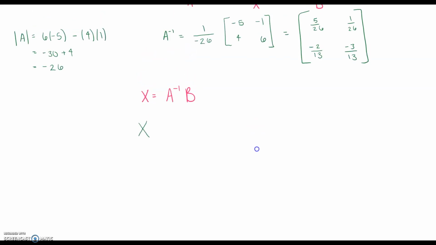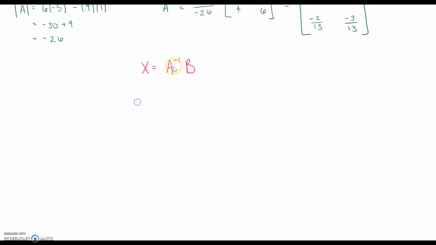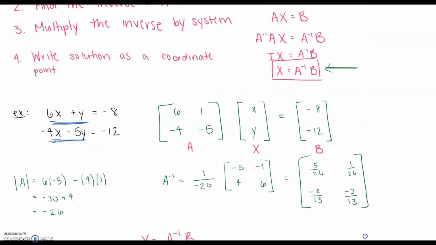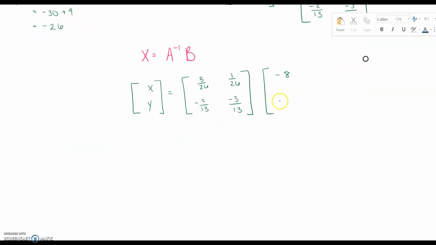So that means X. You can either write X, or if you want, you could rewrite this as the matrix X, Y. So the inverse matrix is 5/26, 1 over 26, -2/13, and -3/13. And I'm multiplying that by -8, right, and -12. Cool.